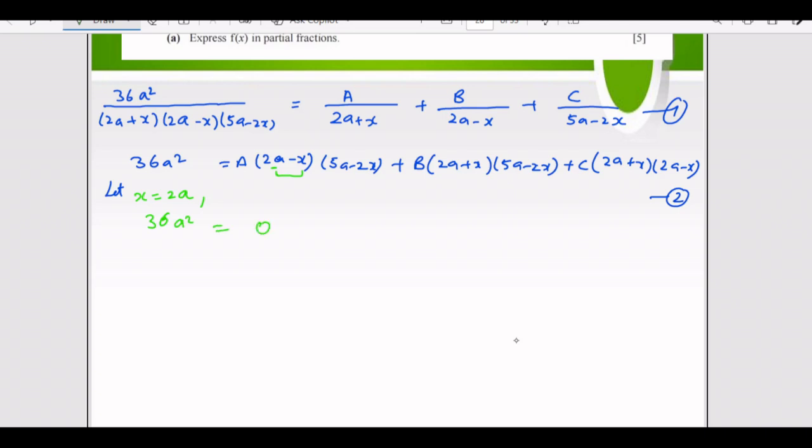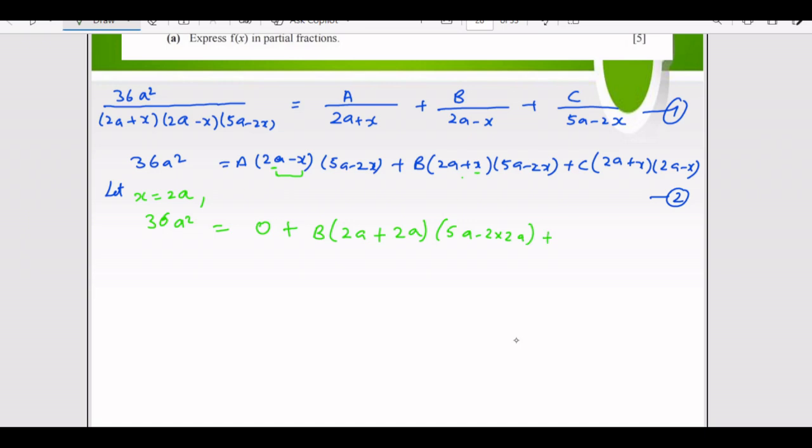The C term is also going to become 0. The B term will not become 0: B into (2a plus 2a), that is the value of x, then (5a minus 2 into 2a).